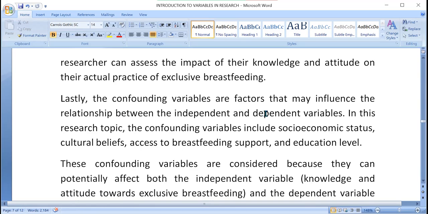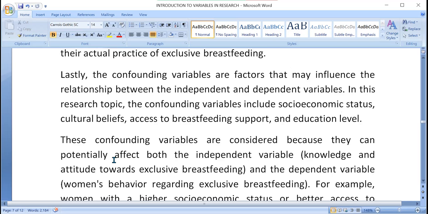Lastly, the confounding variable. The confounding variables are factors that may influence the relationship between the independent variable and dependent variable. In this research topic, the confounding variables include socioeconomic status, cultural belief, access to breastfeeding support, and educational level.